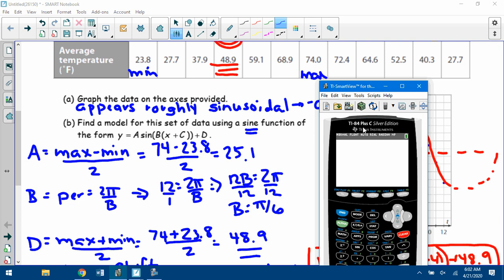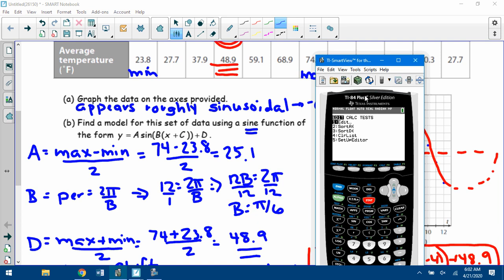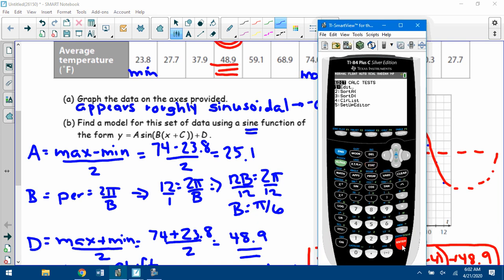We're going to type this into our calculator. So I'm going to go to Stat, Edit, and then if you have stuff in here, remember, highlight it, hit Clear. So clear those both out. And we're just going to start typing in these numbers.